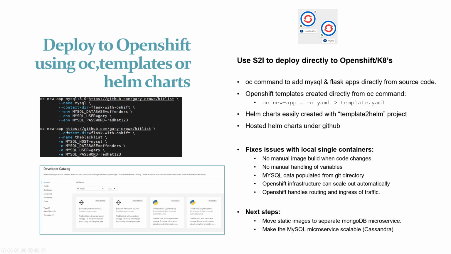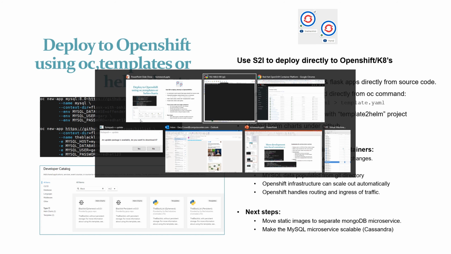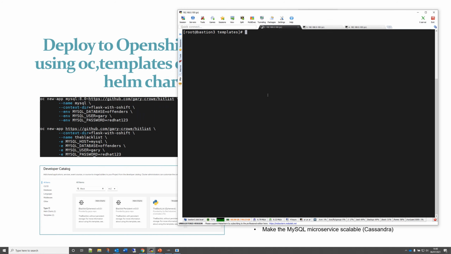The Flask application itself is also going to use source to image, and again it uses the same URL with the context directory set to where the code resides. Notice the use of environment variables here. So I've got an OpenShift cluster here, and we can find out a little bit about it.